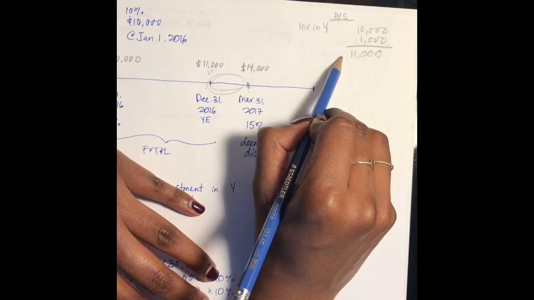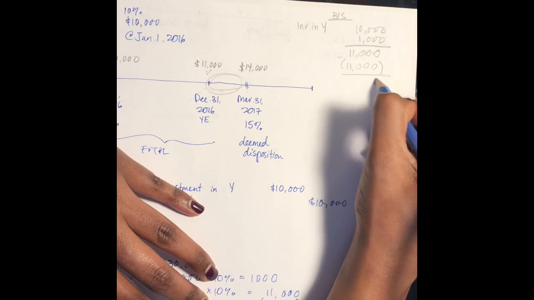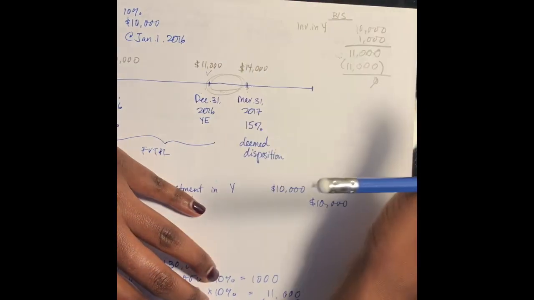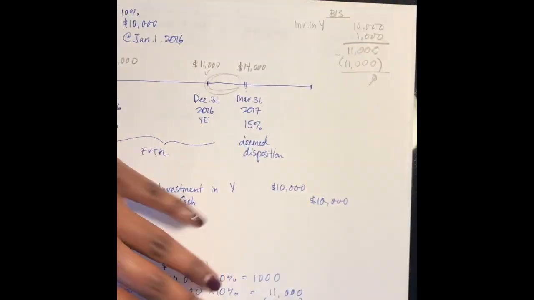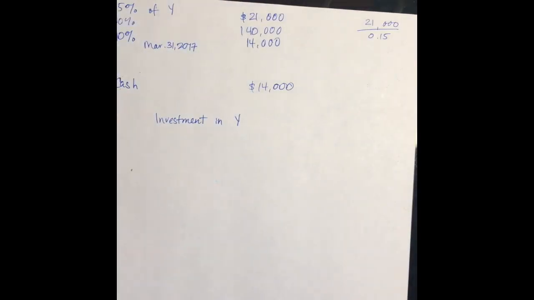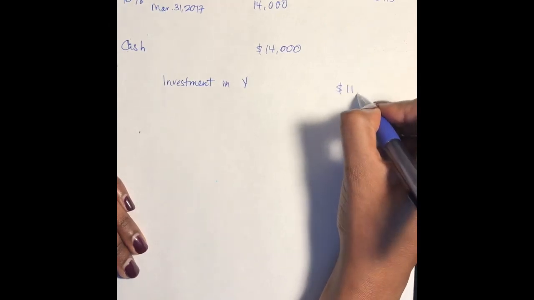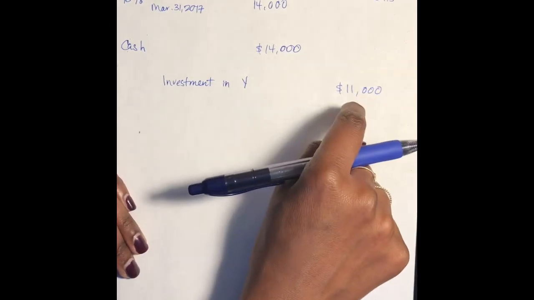That's what it's sitting on at your balance sheet. So to get rid of it, you have to credit 11 because that item is going to leave your balance sheet now. You're disposing of it, or you're deemed disposing of it, right? It's the same thing. So you're crediting 11,000 to get rid of it on your balance sheet.